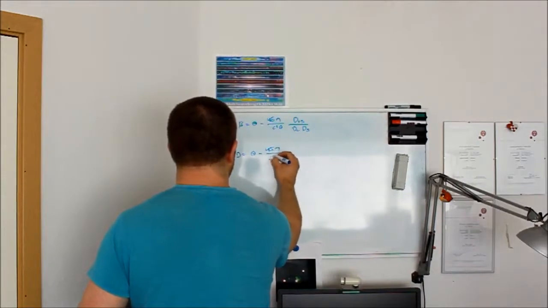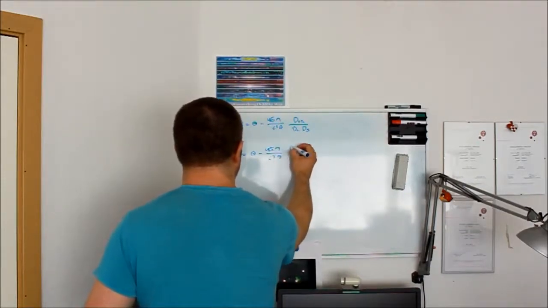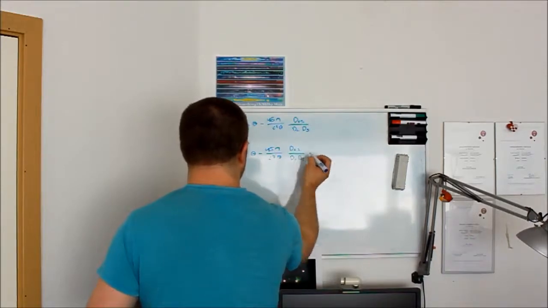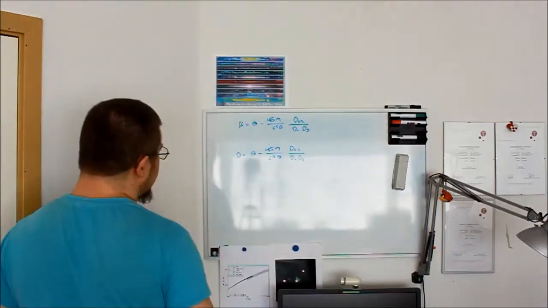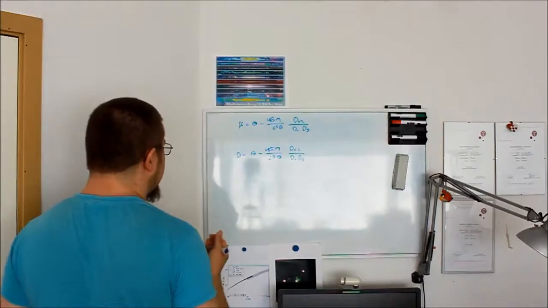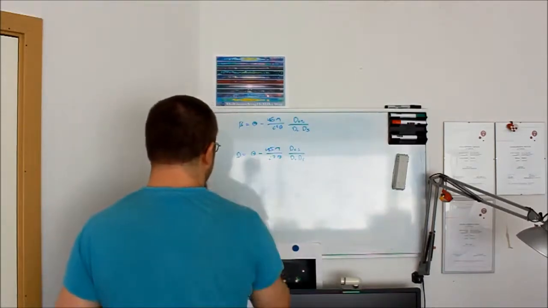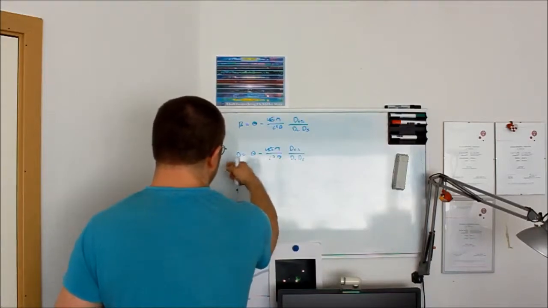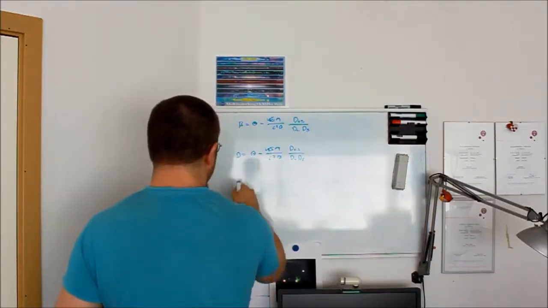4GM over c squared theta DLS over DL DS. Now the first thing I do is that I add theta on both sides of the equation sign.